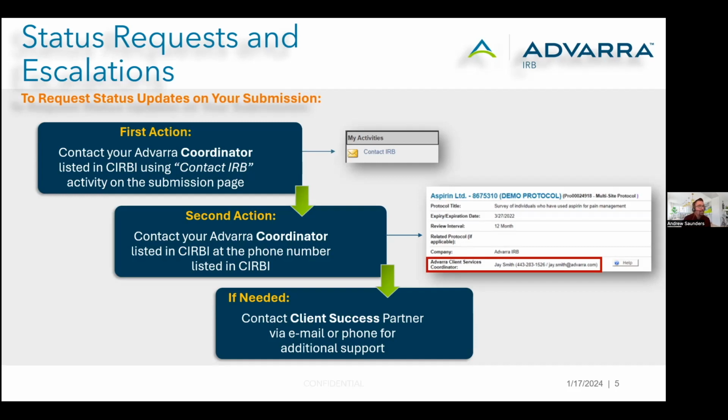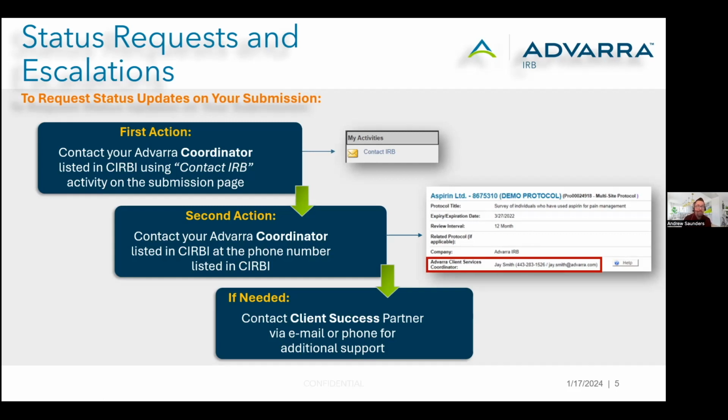If for whatever reason it's an urgent follow-up request and email's just not fast enough, you can reach out to them directly via email, and their name and contact information is listed in the Kirby record, so you can reach out to them via telephone. And then if it's an escalated situation, you can always reach out to the client success team, which includes myself.